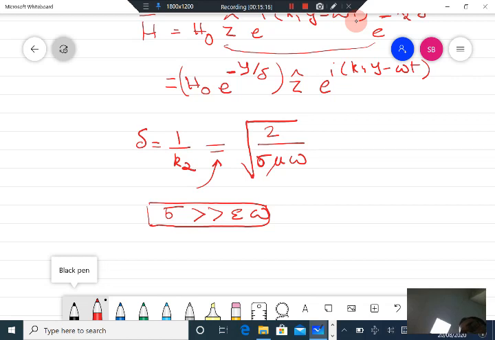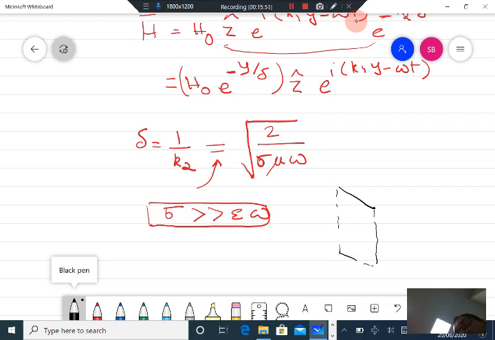So let me see if I can draw it as a cross section to make it more clear. I'm sorry, this software keeps on doing its own thing, so it sometimes becomes difficult to control. Let me see if I can do an easier job of it.